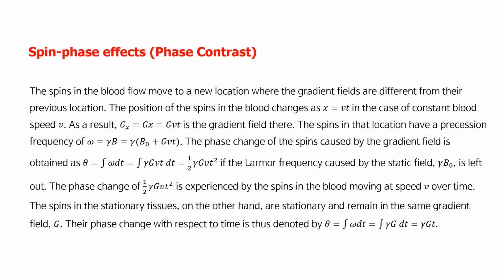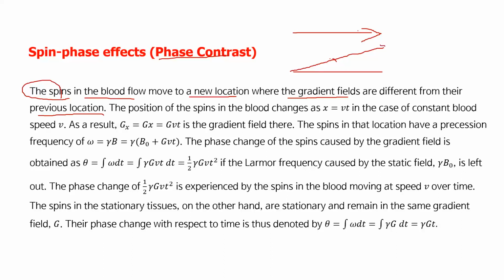Now let's see the spin phase effects. The spins in the blood flow move to a new location where the gradient fields are different from their previous location. So blood is flowing, and we have a gradient field.